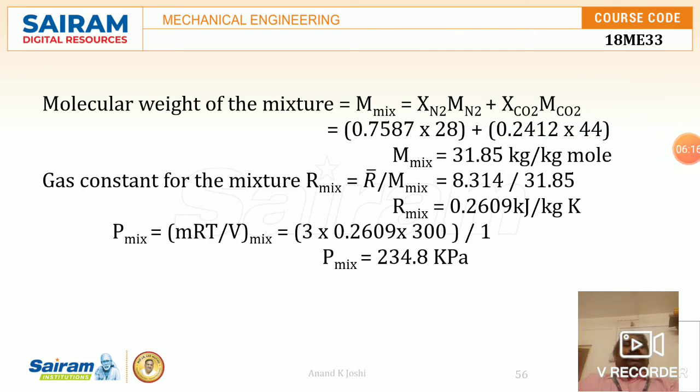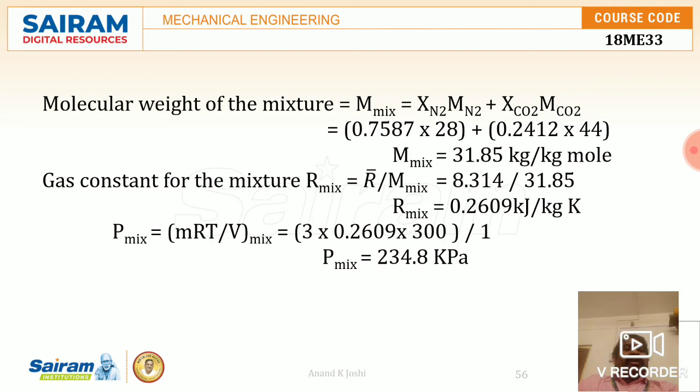Once you find the value of molecular weight, the next step is to find the gas constant of that mixture. You already have an idea from the previous problem. The formula for the gas constant of the mixture is R mix equals R bar divided by M mix. What is meant by R bar?